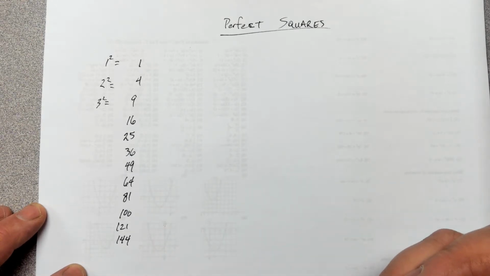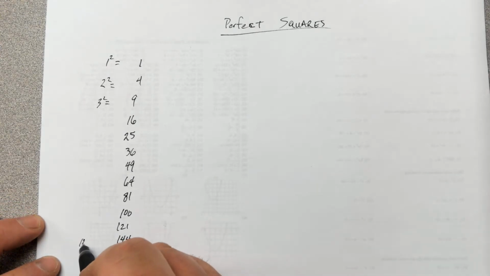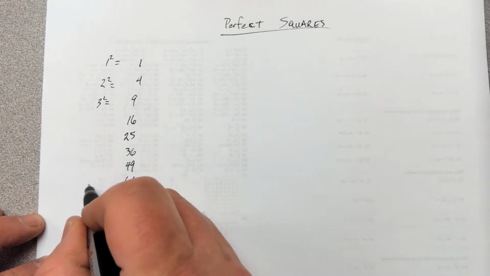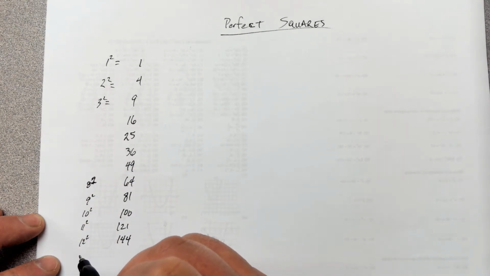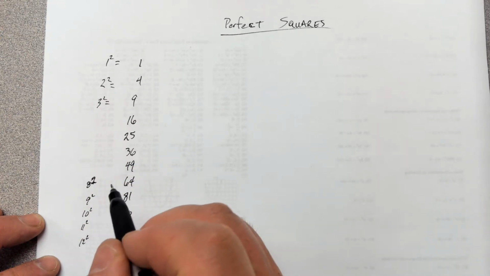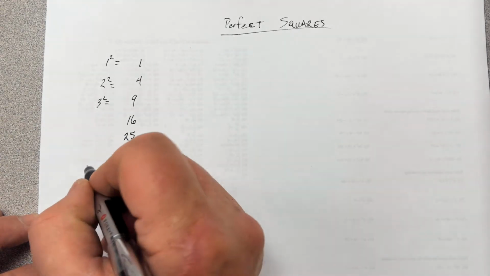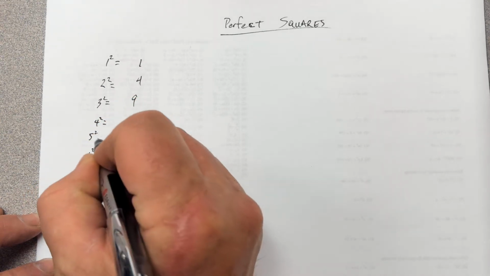You probably knew all those first 12, because usually in elementary school you do multiplication up to 12. So 12 times 12 is 144. That's 12 squared, 11 squared, 10 squared, 9, 8, 7 squared, 6 squared, 5 squared, and 4 squared.